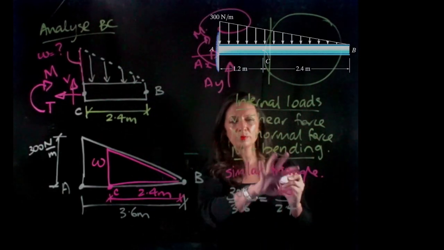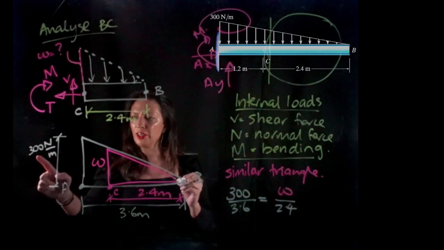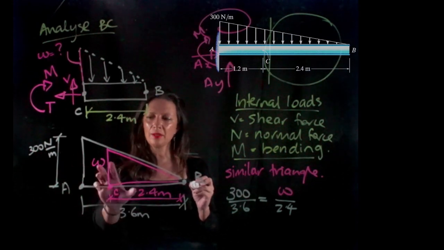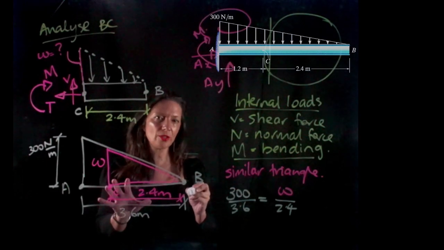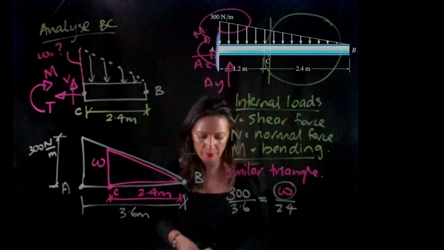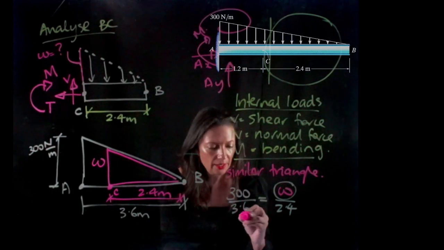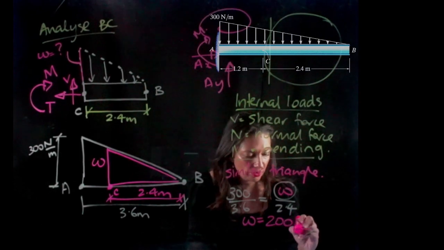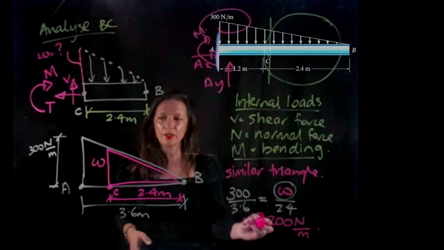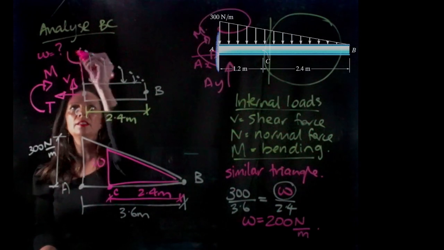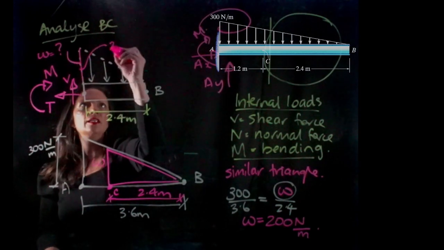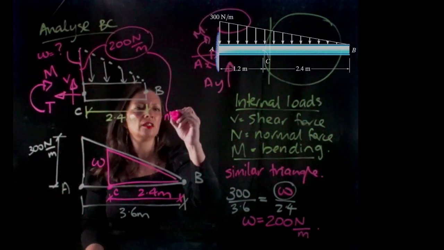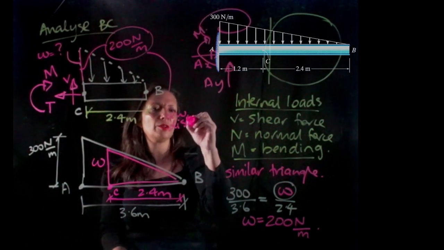So this is proportional triangles. So the ratio of the height and the length for one triangle has to be the same as the other, the smaller triangle. So now I can solve for omega. So omega is going to be 200 Newton on the metre. So this here is 200 Newton on the metre, and this is my new distributed load.